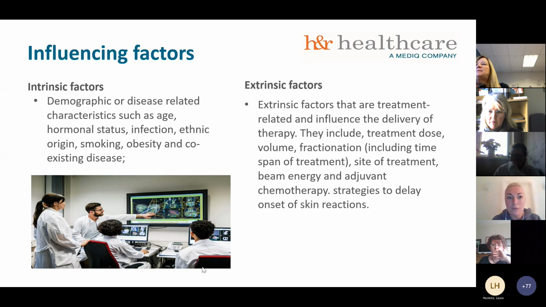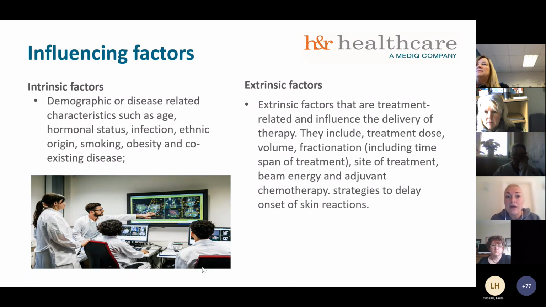Obviously, smoking: from looking at a lot of the data around the burden of wounds that Julian Guest has produced over the years, we know that smoking is the main common theme that links a lot of non-healing wounds. So smoking has a significant impact on skin integrity. And then obviously all the other implications around coexisting disease, polypharmacy, multiple medications, multiple interactions. There's a lot of internal factors that would increase someone's risk.